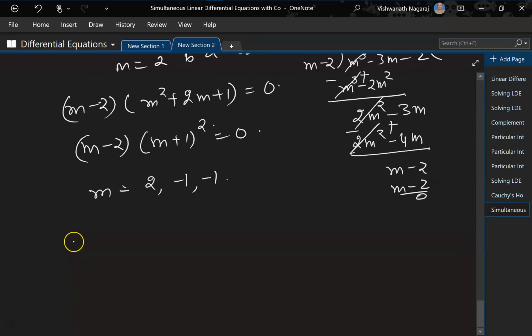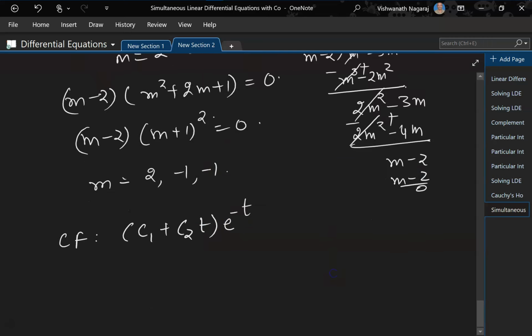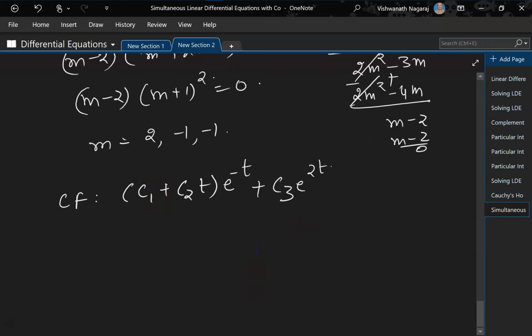So our solution, or rather complementary function, is c1 plus c2t times e to the power of minus t, this t comes from the repeated roots, plus c3 e to the power of 2t. Okay, so this is our complementary function.